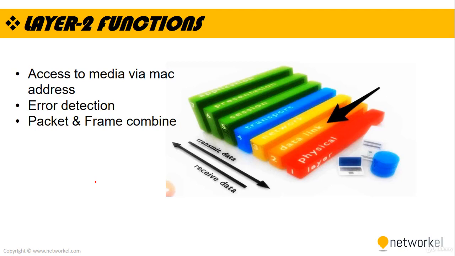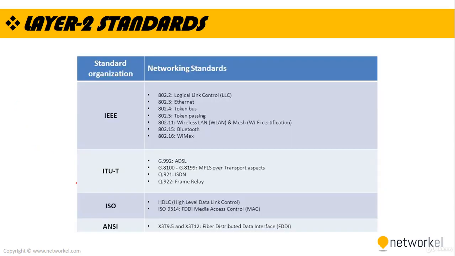The data link layer provides the functional and procedural means to transfer data between network entities and might provide the means to detect and possibly correct errors that may occur in the physical layer. Protocols like Ethernet, PPP, and HDLC operate at this layer.